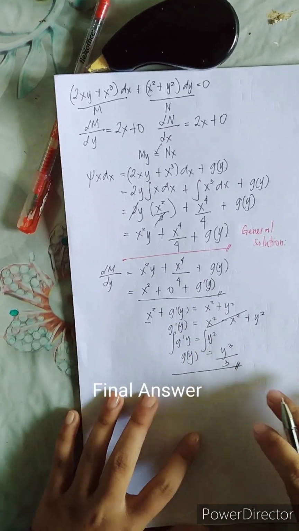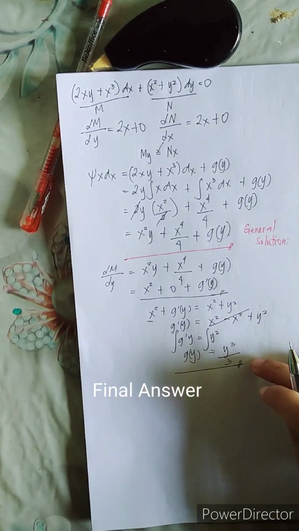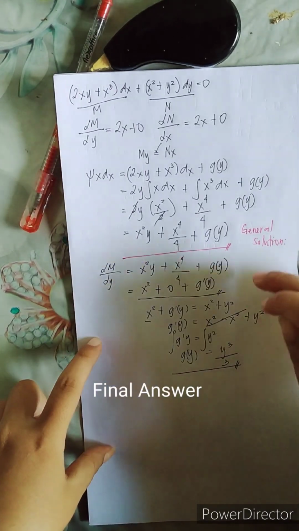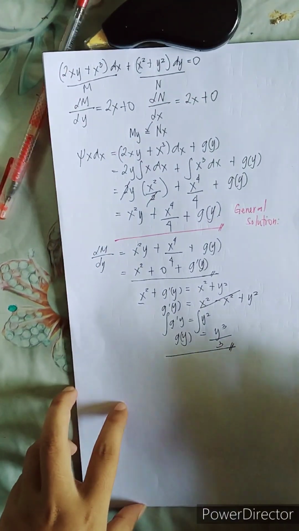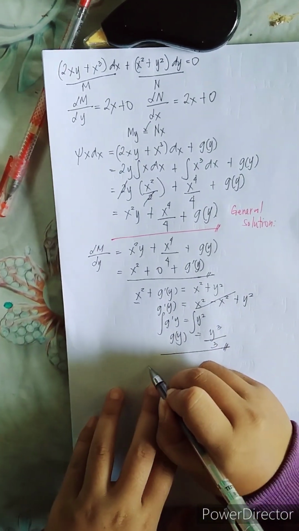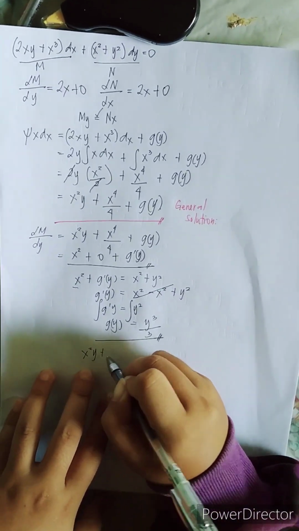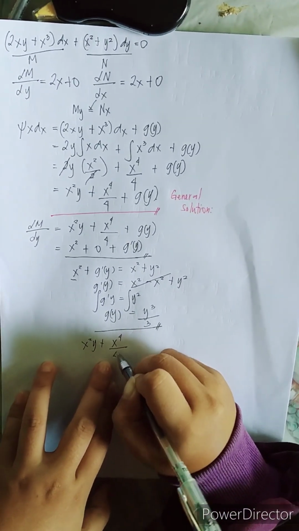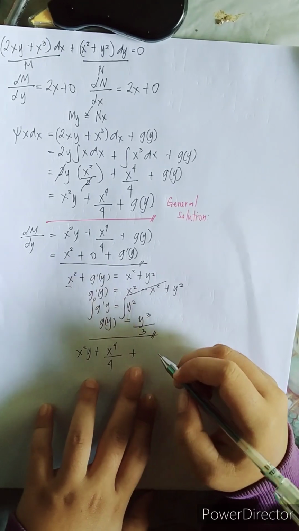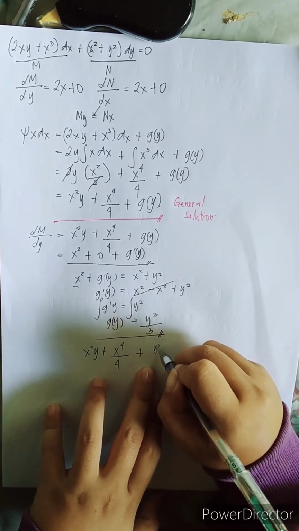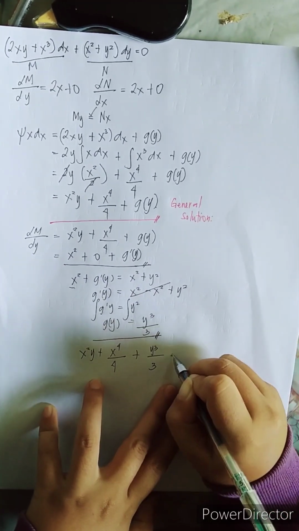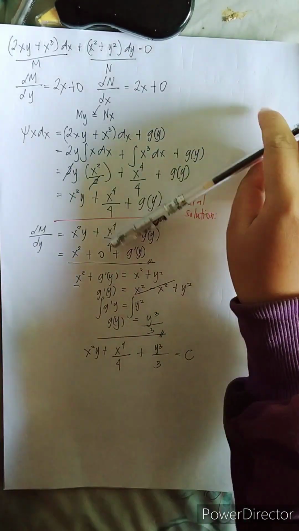This is our g of y. Then plug in the value of g of y into the general solution, then get the final answer. X squared y plus x fourth over 4 plus the g of y, which is y cubed over 3, equals C.